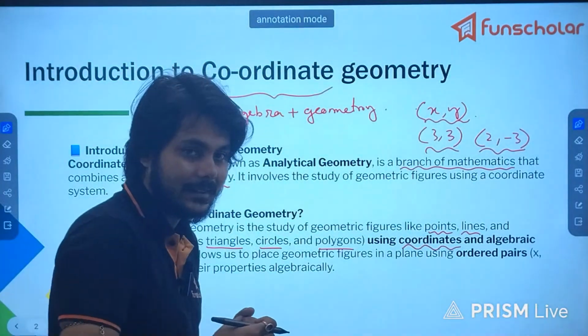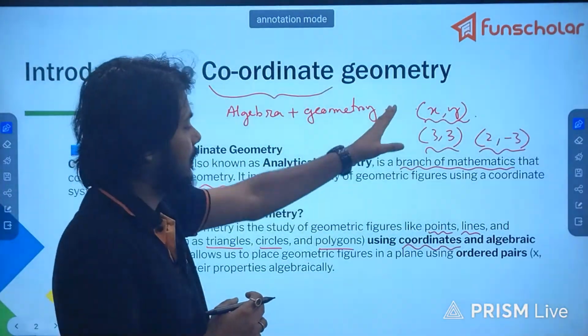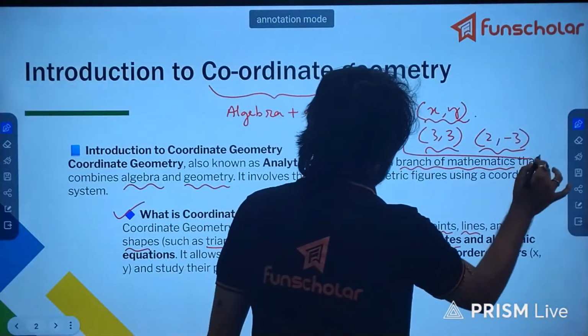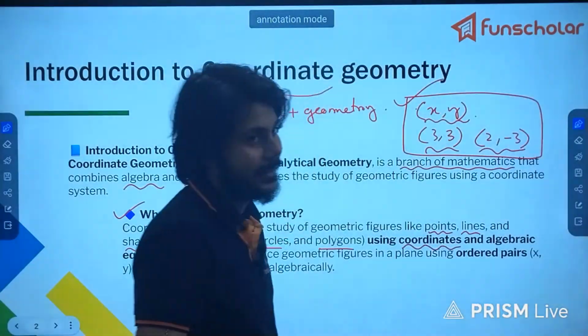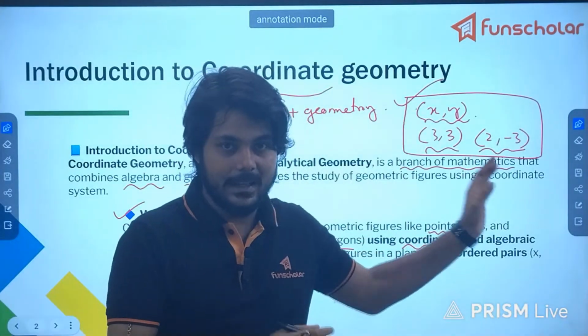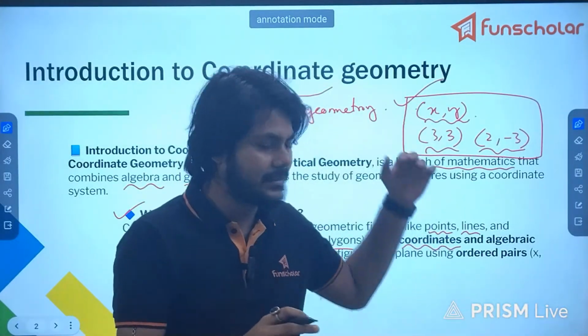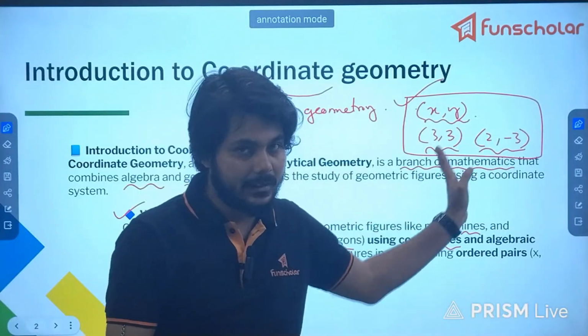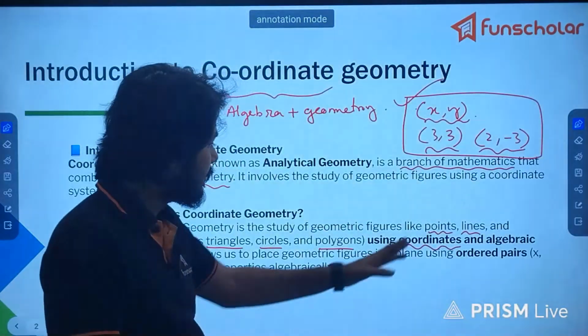Does it ring a bell? This is what a coordinate looks like. I hope that you already know this, and still we are going to cover it in the next slides.